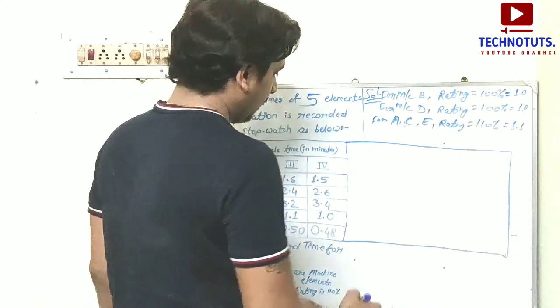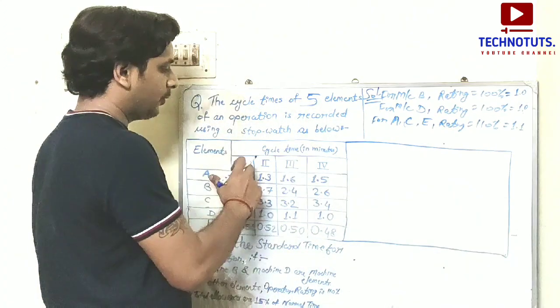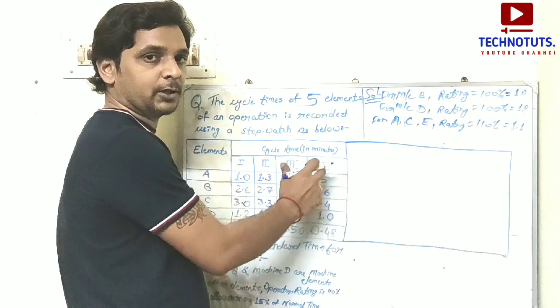It is given that the cycle times of 4 operators, operator 1, 2, 3 and 4, are given.